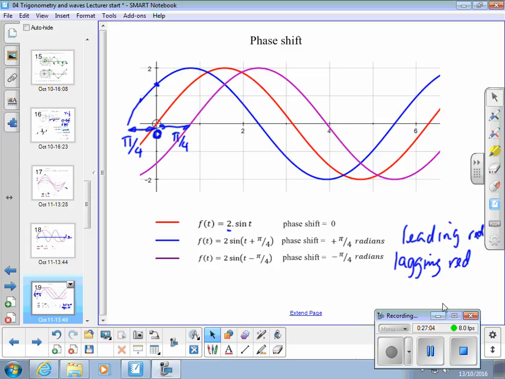It's terminology used in electrical. So the blue one leads the red one by pi over 4 radians. The pink one lags the red one by pi over 4 radians.